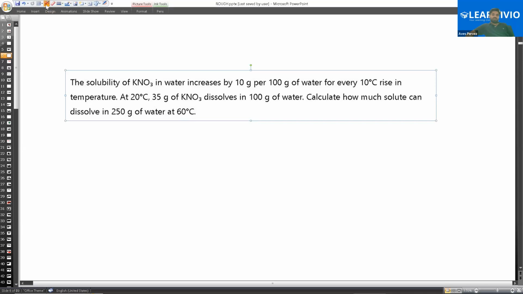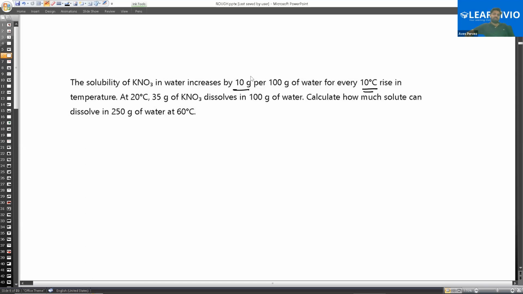So you know that it is a very simple question. What it is saying is that when you raise the temperature by 10 degrees, 10 grams of solute can be extra dissolved in the same amount of solvent. If it is 100 grams, 10 grams of solute will be dissolved.